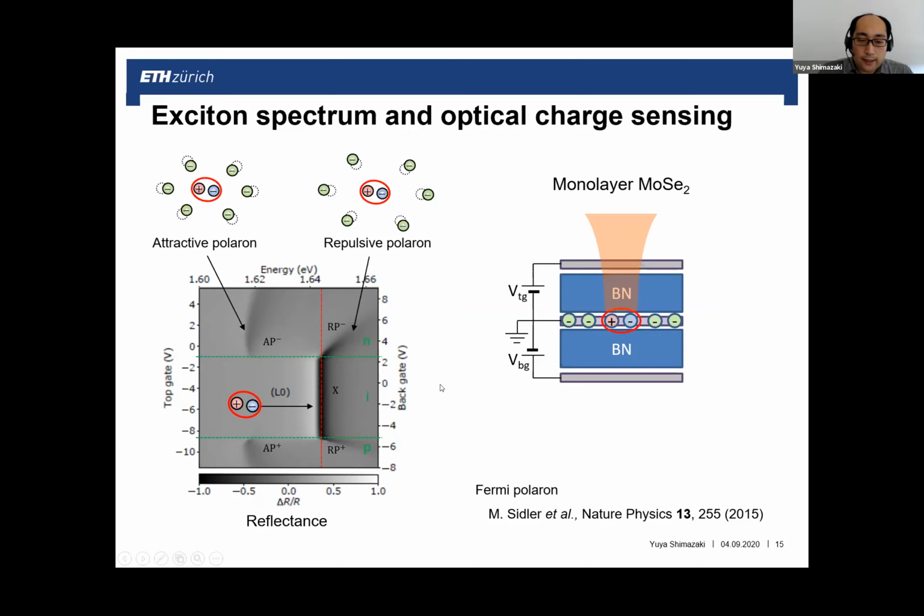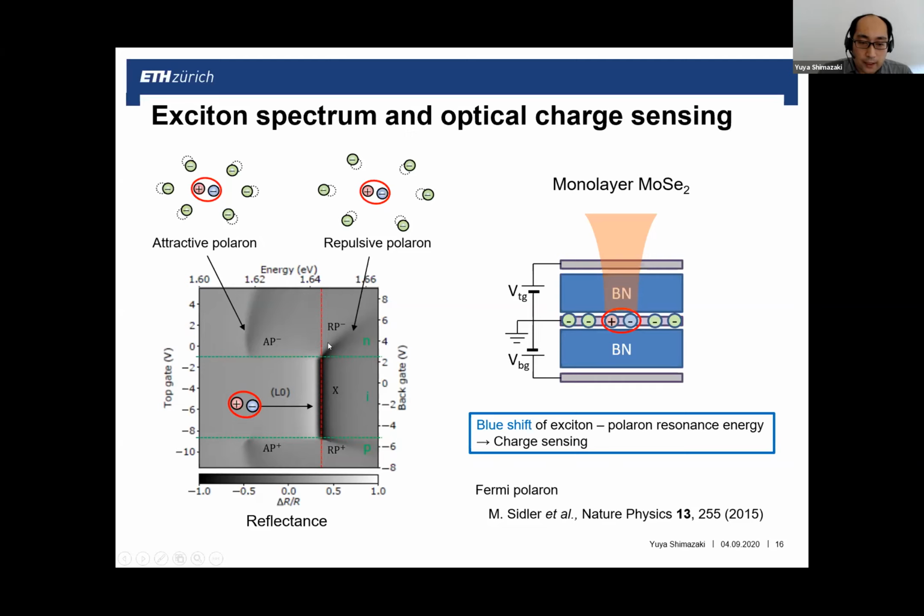The important thing here is the blue shift of this exciton to the repulsive polaron line when we dope the system. This is the same for both the electron side and the hole side. And this energy shift is rather linearly dependent on the gate voltage. Then we can use this shift of the exciton energy to detect the charging configuration of the system.